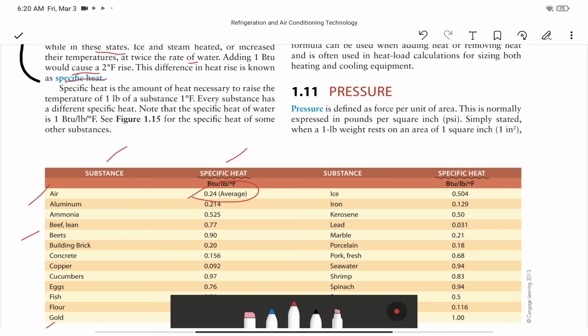Suppose you have 1 kilo of beets and you want to calculate the heat. Remember, heat is equal to mass times Cv times delta T. It doesn't matter whether it is capitalized or lowercase; the unit is the same. It will not be changed because this is delta T, change of temperature.